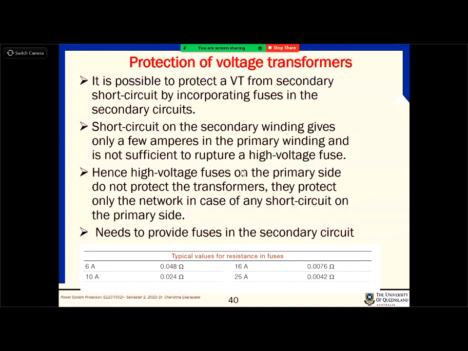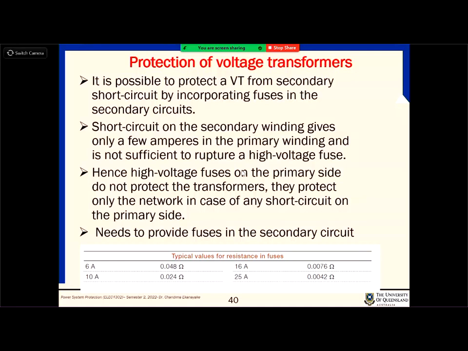It's not a power transformer. It's a voltage transformer with a lower, let's say, power level. Once you short circuit this, what happens to the core? Core starts to saturate, right? Once the core starts to saturate, there is no relationship between the primary and secondary, and then you can't detect it in the primary side.